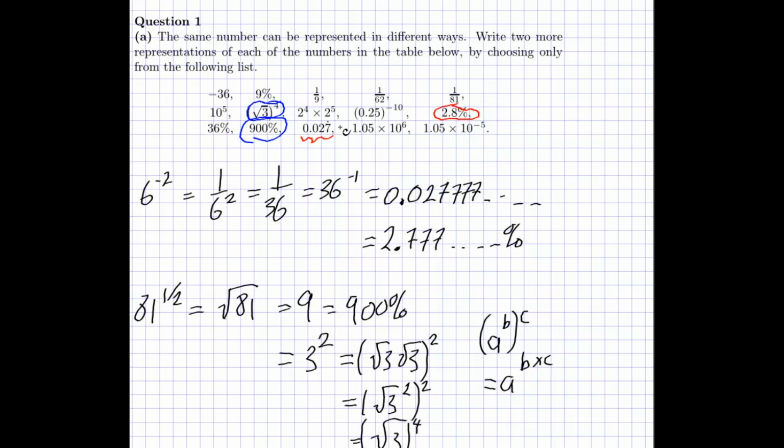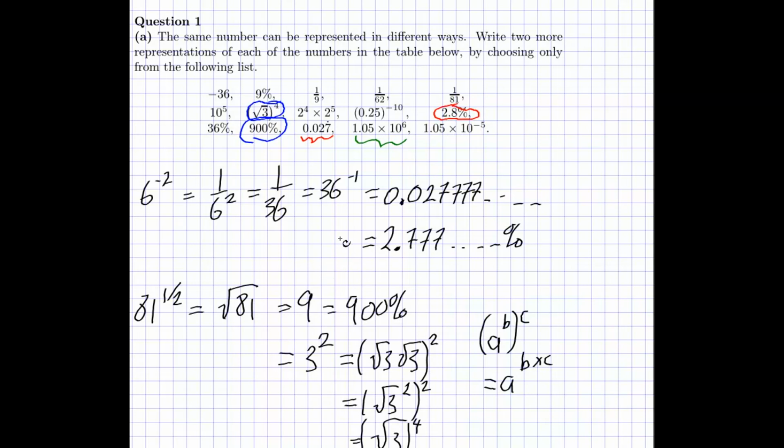We have this 1.05 times 10 to the plus 6. So when we evaluated 2 to the 20, we got 1.048 times 10 to the plus 6. So if we round that, then we'll get 1.05 times 10 to the 6, because we're told that approximations are fine.